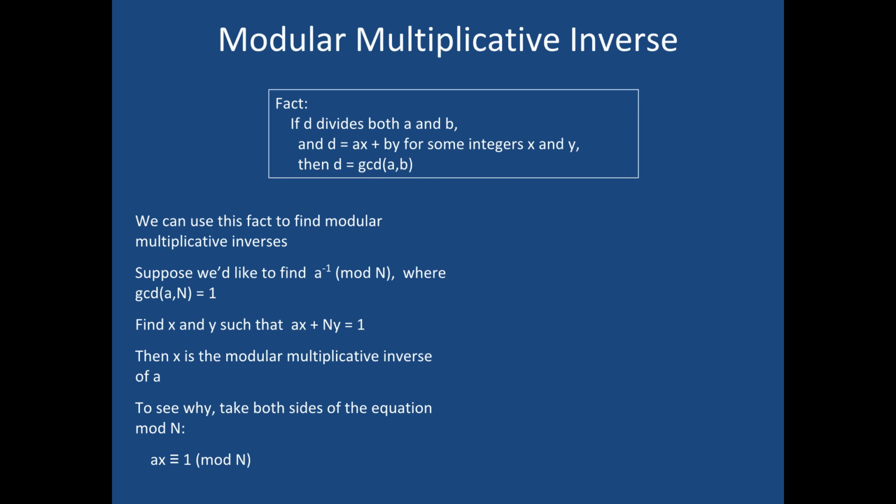So mod n of ax plus ny, I turned into ax. How did that turn out? ny mod n has got to be 0. And then I got 1 there. So I've got this equation: ax is the same as 1 mod n.